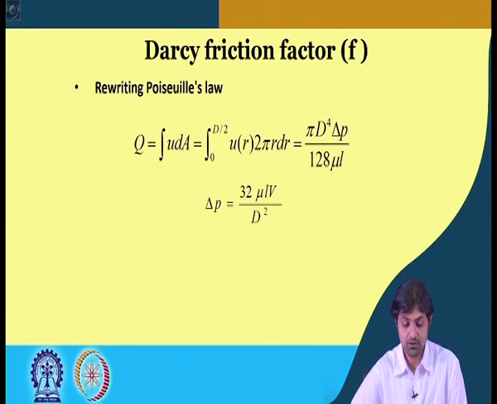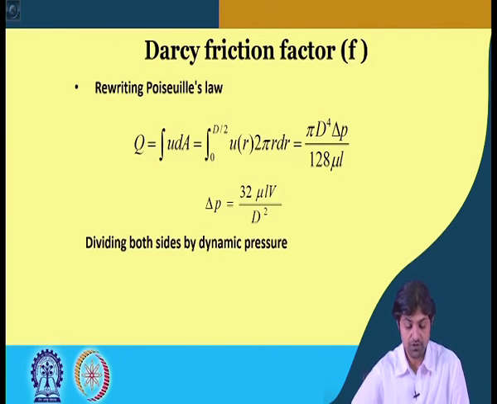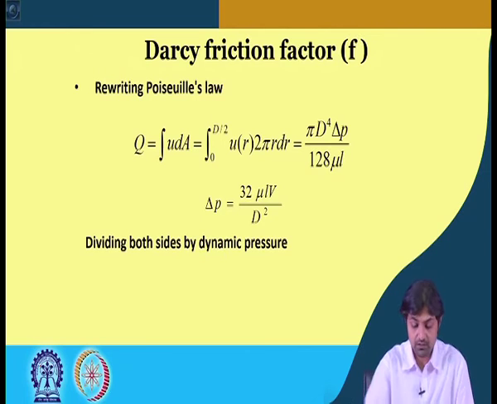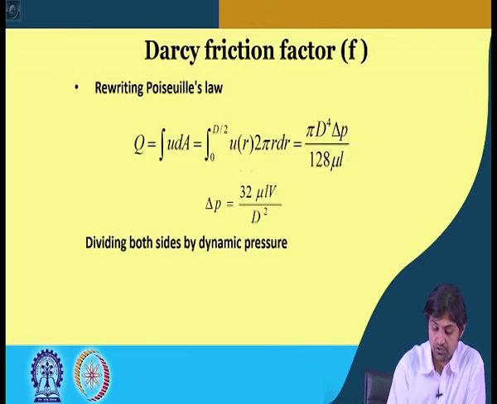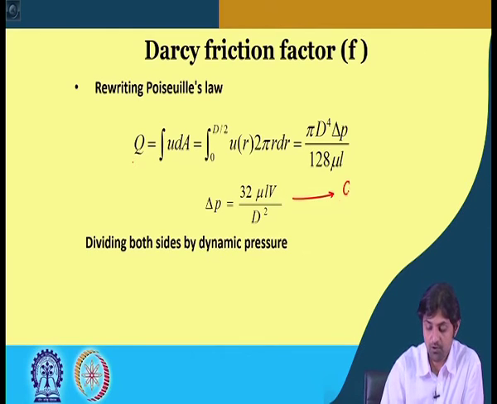Therefore delta p could be written as 32 mu L v by d square, all right, in terms of velocity. Now this is in terms of q and this is in terms of v, so this is also a form of Poiseuille's law.